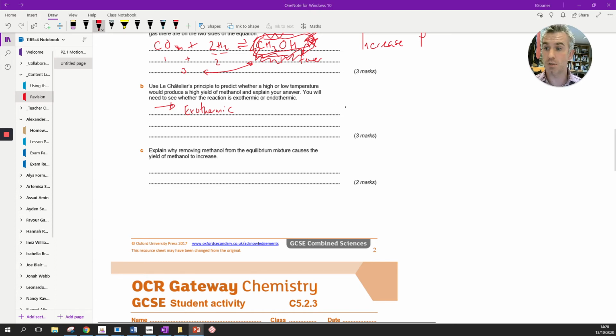So what you need to do is decrease the temperature. By decreasing the temperature, Le Chatelier's moves in the direction of the exothermic reaction, which is towards the CH3OH.